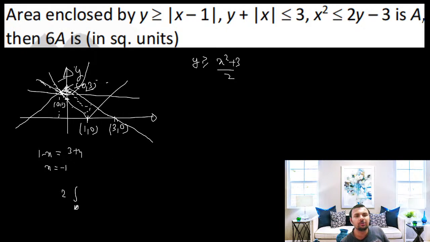So 0 to 1, this value is 3 minus x, and that line is minus of (3 plus x square) by 2.